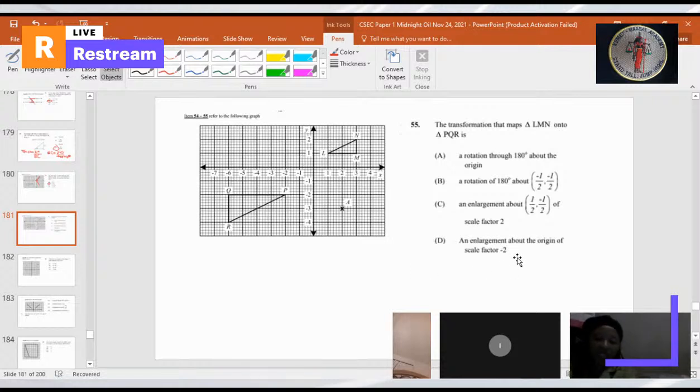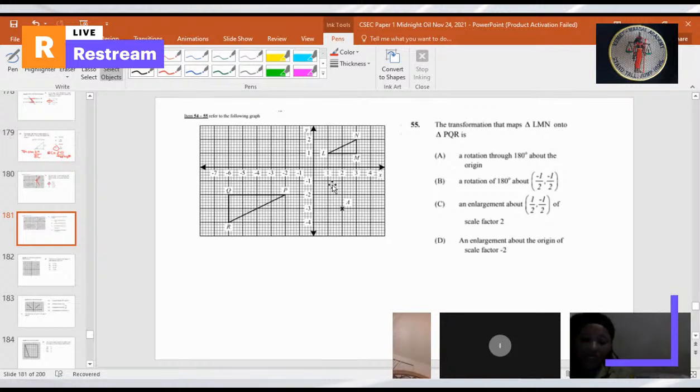D says an enlargement about the origin with a scale factor of -2. So that's the one I would go with, because when the scale factor is negative, the image is going to be on the opposite side of the axis, and it's also going to look upside down, right?